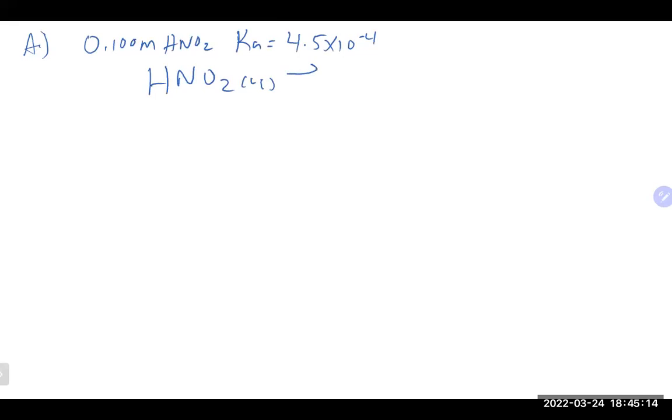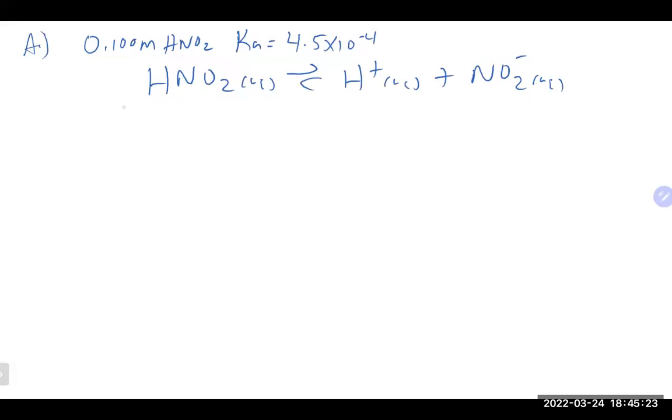So part A here is obviously before we start, and that is a molarity of 0.1, I believe, right, of the HNO2. Also have a Ka value given to us of 4.5 times 10 to the minus 4. So obviously here we're going to take our weak acid, we're going to dissociate it into H plus and a little nitrite, they call that.